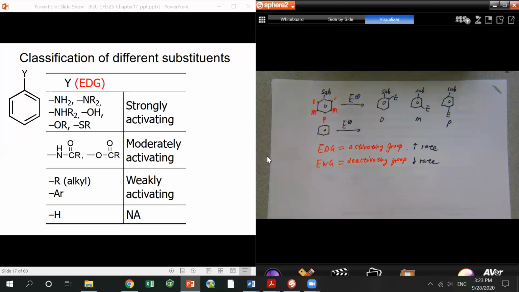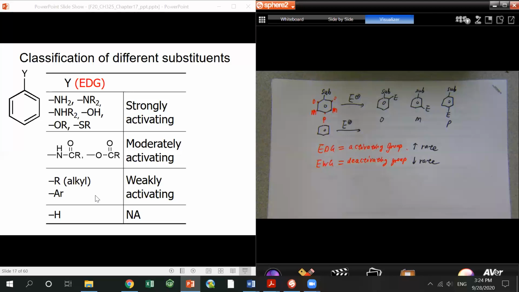It's actually not hard to memorize. As long as you find lone pair electrons on the central atom, that should be an activating group. The second category is a central atom with lone pair electrons that is attached to a carbonyl group. The third category is the weakly activating group, just these two: an alkyl group and benzene. Why are they weakly activating?